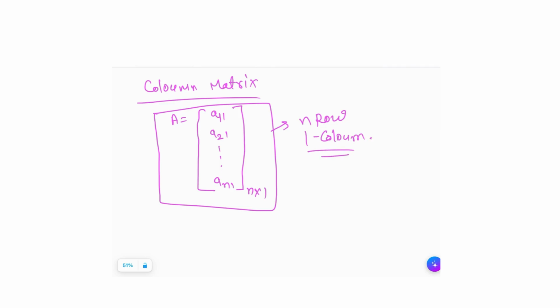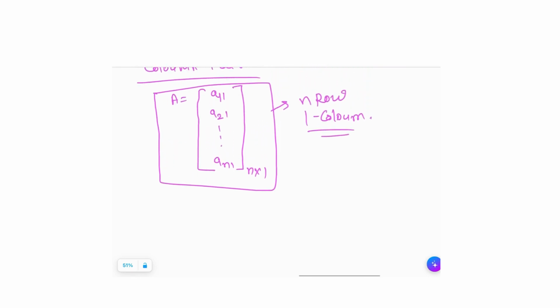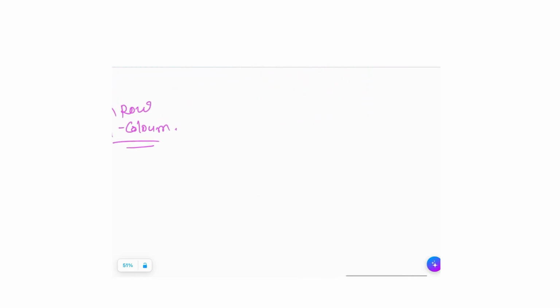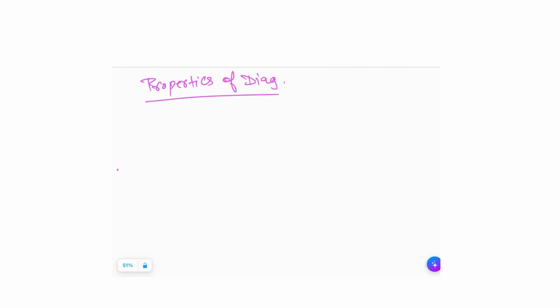Okay, now we already discussed the zero matrix, the diagonal matrix, upper triangular matrices, and the identity matrix. So firstly we will discuss the properties of diagonal matrices.